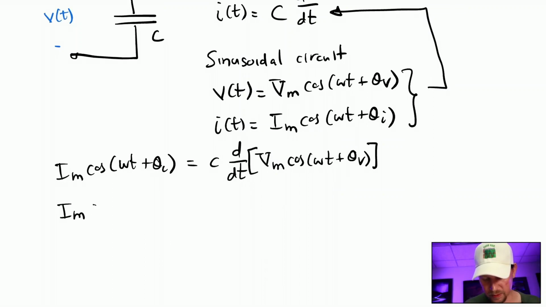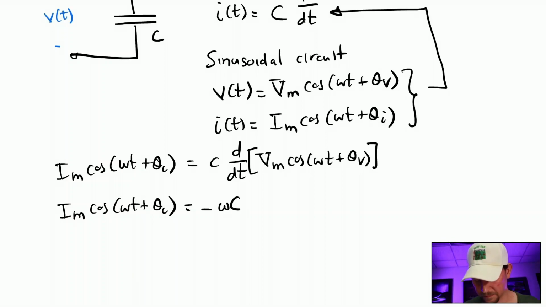We know, based on our previous calculations, that the time derivative of cosine omega t gives us negative sine, and by the chain rule we also pull out a negative omega term. So this is minus omega C V_m times the sine of omega t plus theta_v.